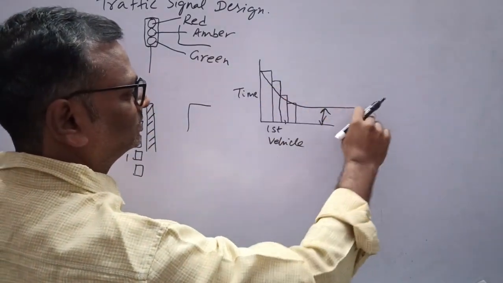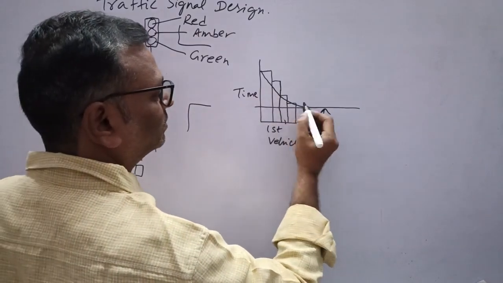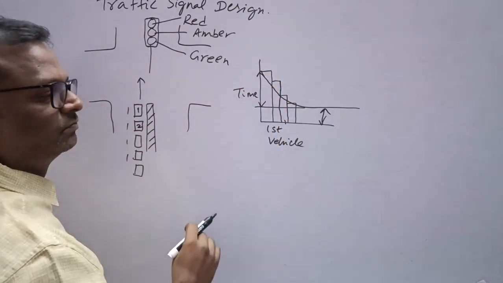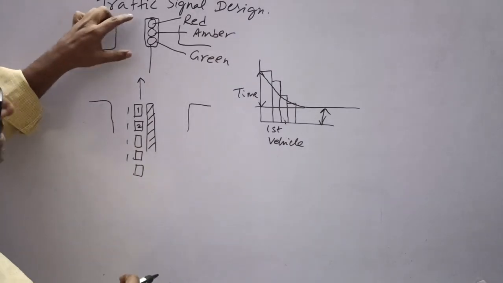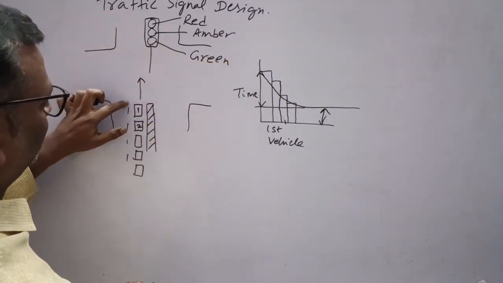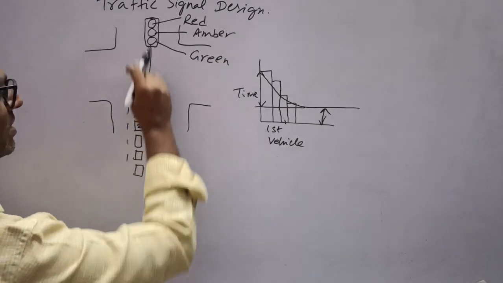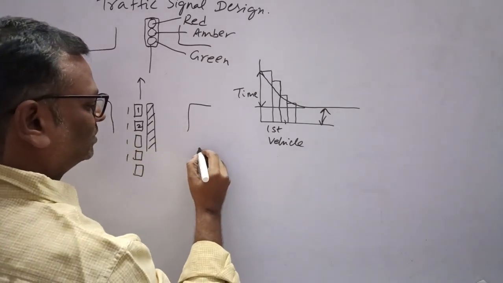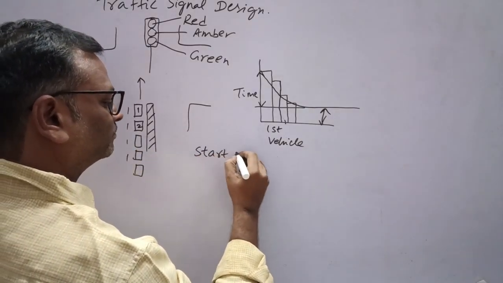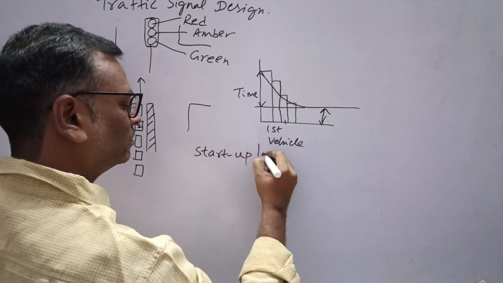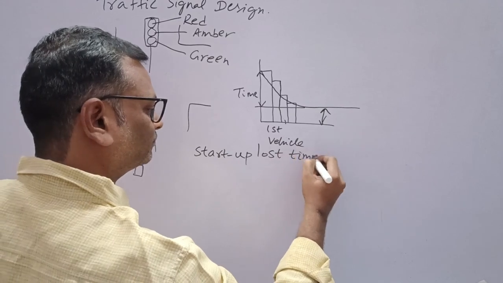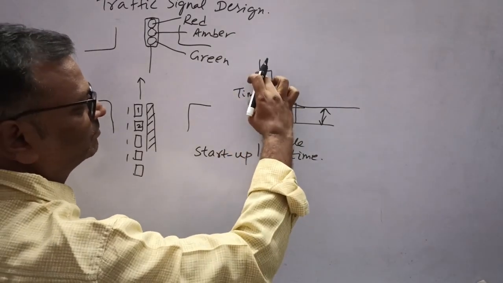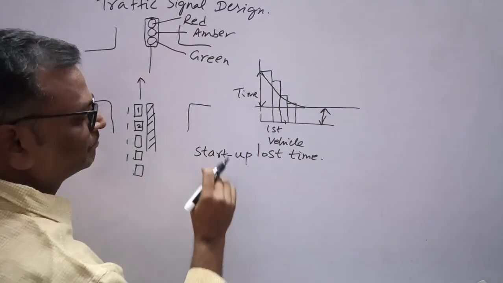A smooth curve like this, and whatever the time lost here, even though the signal is green, for starting and accelerating of the first few vehicles, that time is called startup lost time. Got it? We have startup lost time, this time.